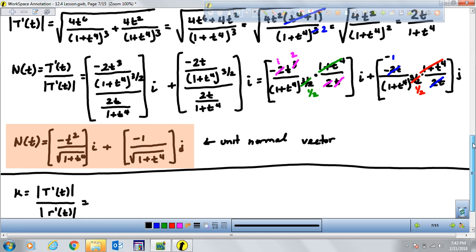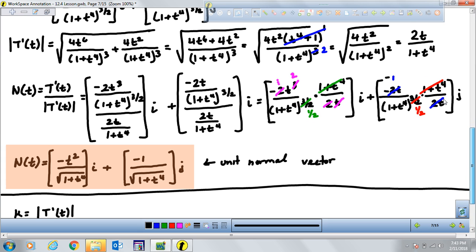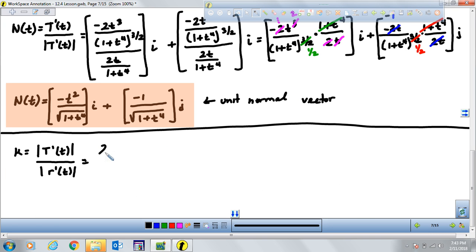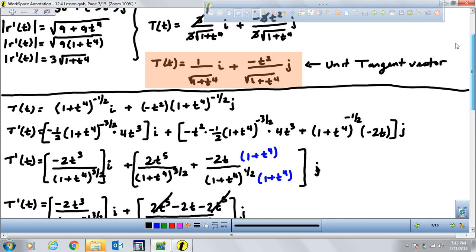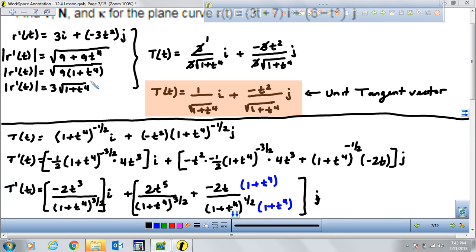So the magnitude of the derivative of the unit tangent vector was this, 2t over 1 plus t to the fourth. And the magnitude of the derivative of the position vector is right here. It was 3 times the square root of 1 plus t to the fourth.